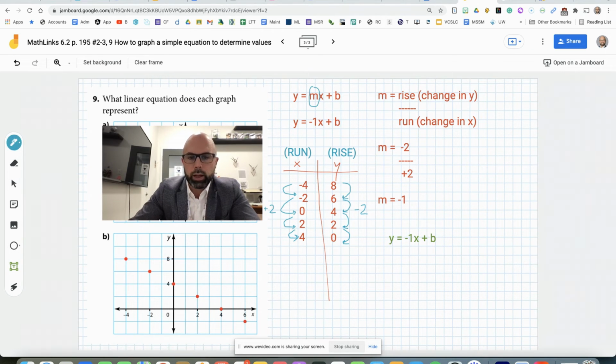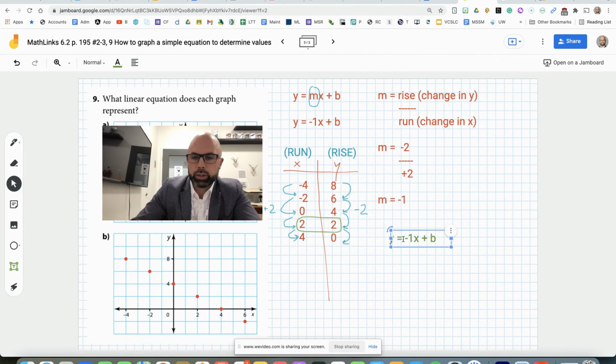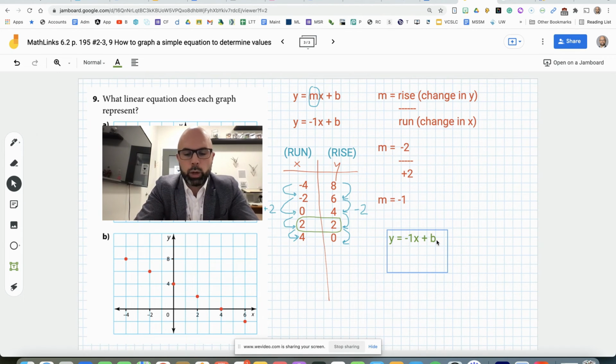So I'm going to use these two values just because they look the easiest to work with. 2 and 2, x having a value of 2, y having a value of 2. And let's see what happens. So if y has a value of 2, we're going to put 2 equals -1 times 2, because x has a value of 2 as well, right here, plus b.